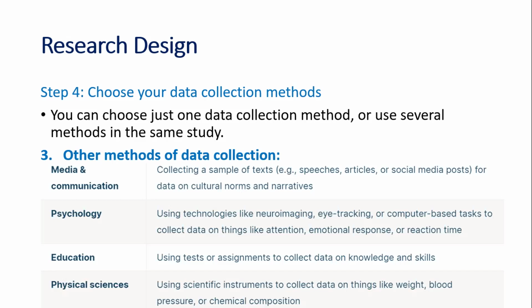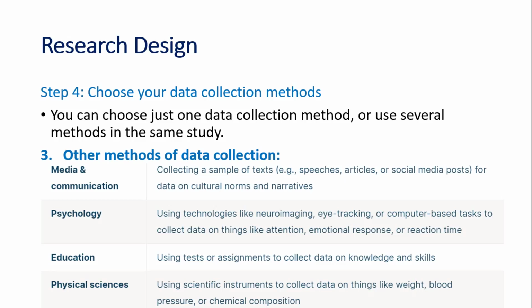The next collection method could be by field: media communications, psychology, education, physical sciences. In media communication, for example, collecting samples of text, such as speeches, articles, and social media posts, for data on culture, norms, and narratives. Psychology uses technologies like neuroimaging, eye tracking, and computer-based tasks to collect data on things like attention, emotions, and other things.